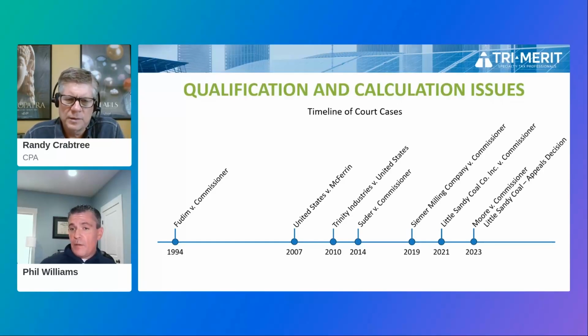And that in and of itself could throw some of these claims out of whack. The Little Sandy Coal case was, for the most part, affirmed by the Seventh Circuit in 2023. They did throw out the portion about direct supervision and direct support not being experimental. They said, yes, you need to look at what those activities are to determine whether they're experimental or not.